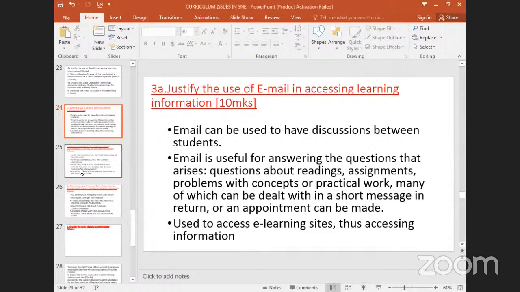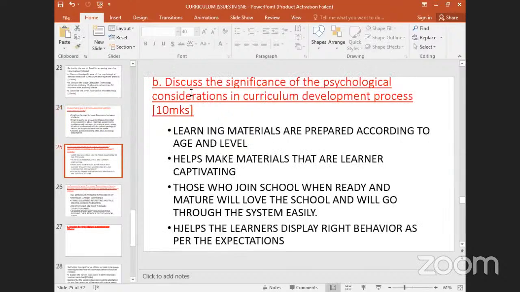We also talked about the significance of psychological considerations in the curriculum development process.